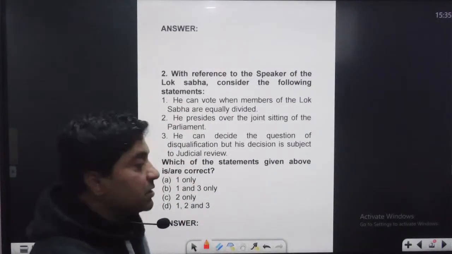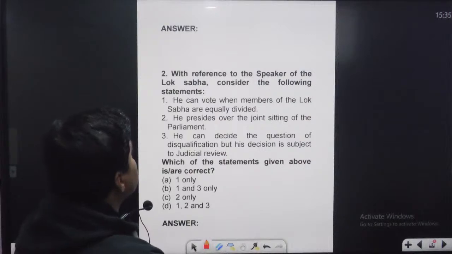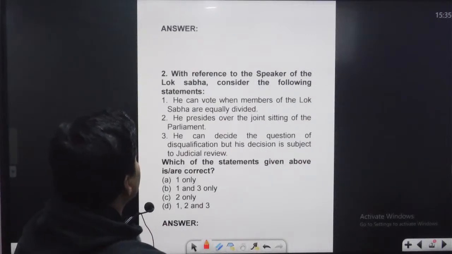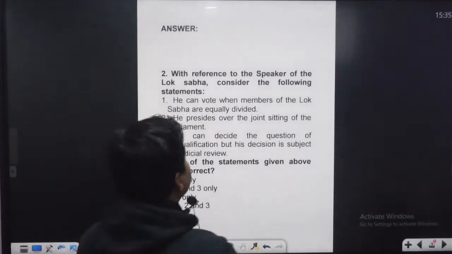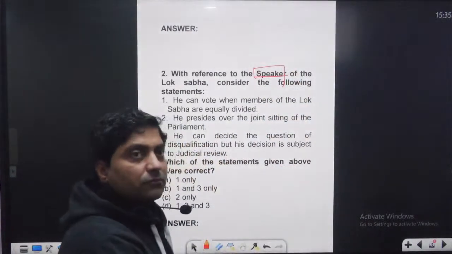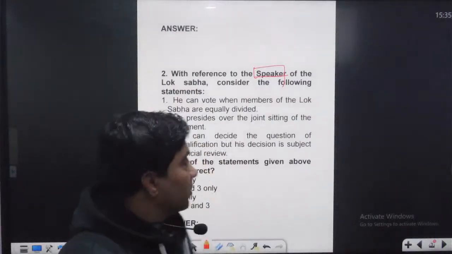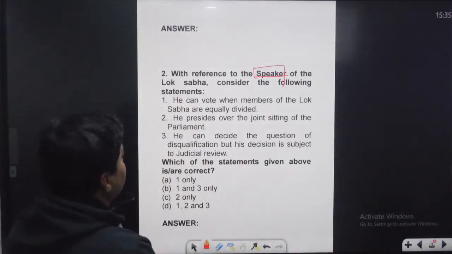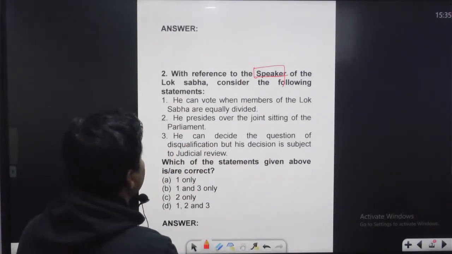Question number 2. Of the Lok Sabha, consider the following statement. Here again, the Speaker can vote when members of the Lok Sabha are equally divided.